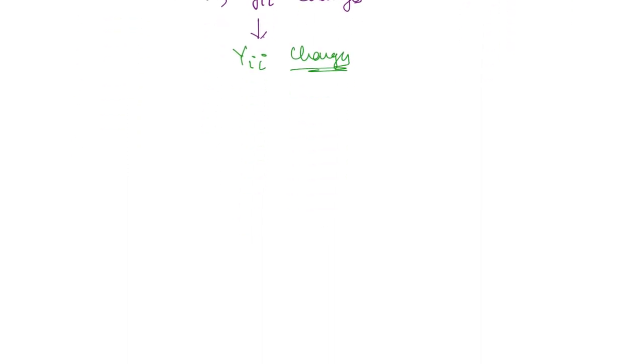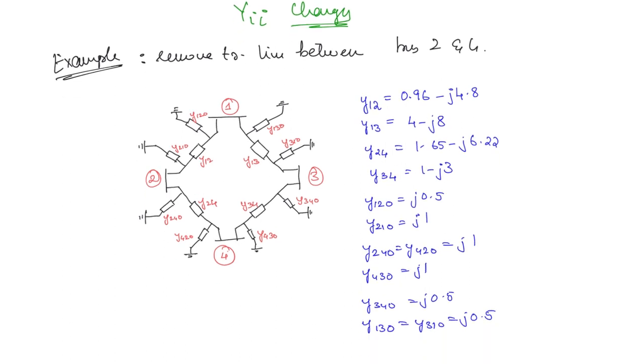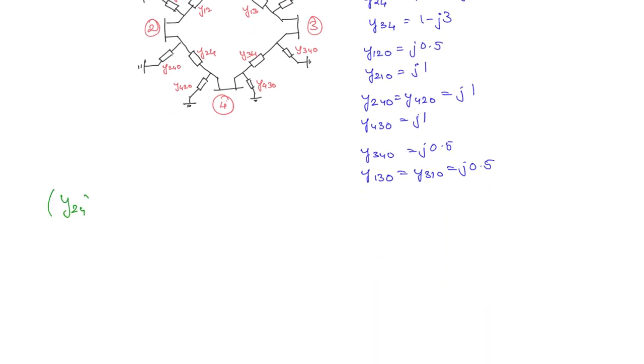Okay, so we will take the help of an example. We will take the same example, but what we will do here, we will remove the transmission line between bus 2 and 4. Then we will find the admittance matrix. What will be the modified admittance matrix? Y24 new is 0, and Y420 new is equal to 0, because now there is no transmission line.